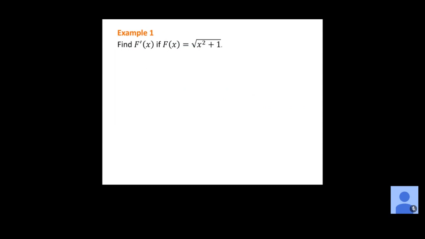If we have the square root of x squared plus 1, what could we let our inside function be equal to this time? Good, the x squared plus 1. So I'm going to say u equals x squared plus 1. Now I'm going to rewrite the original function in terms of u. So I'm going to rewrite f of x as the square root of u.